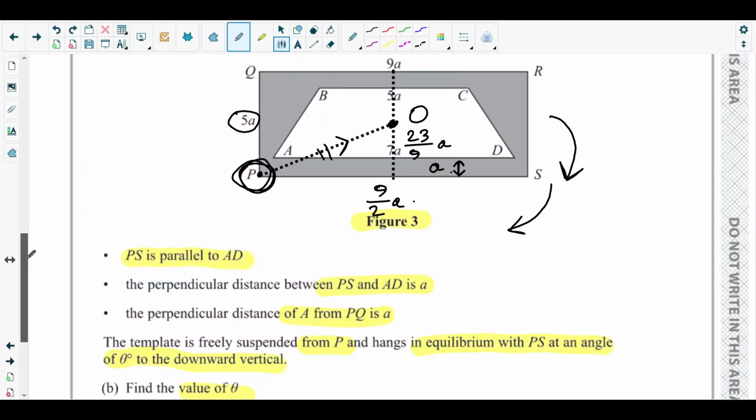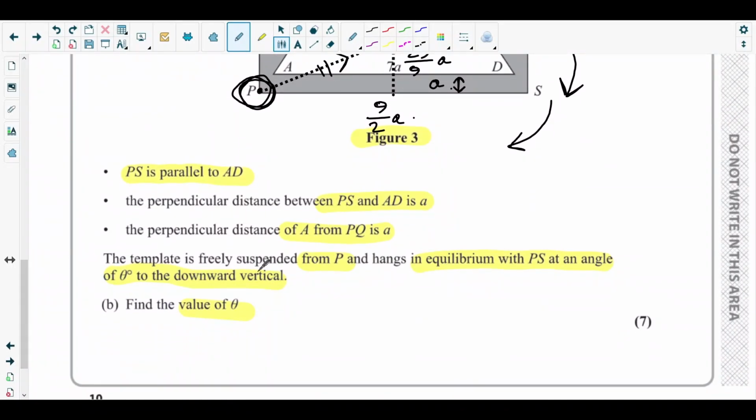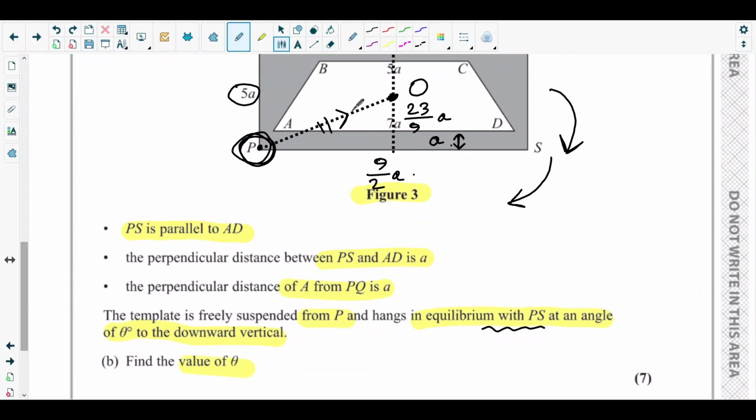When OP is vertical, the side PS will be at an angle theta. So the vertical will be OP, and the angle theta will be between the vertical OP and the side PS. We need to find this angle theta.